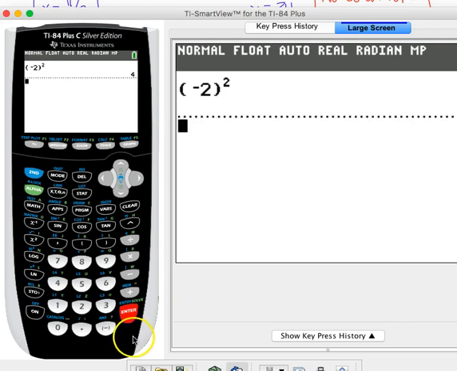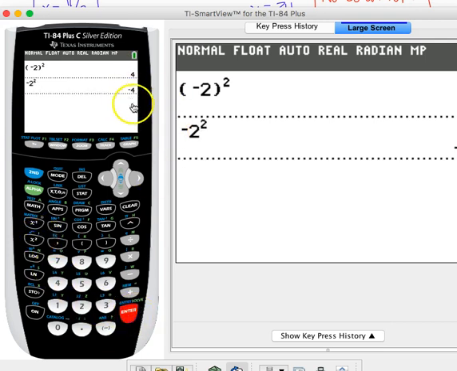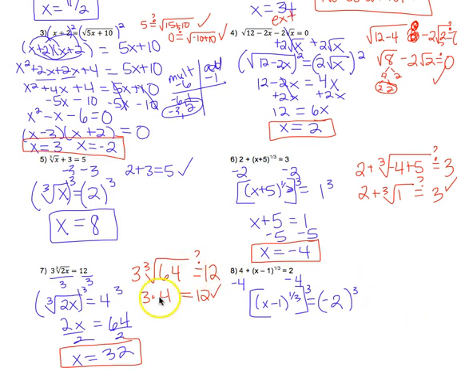If I do it in parentheses, I get 4. If I do -2 and then just hit squared and hit enter, it tells me -4. Because order of operations here is doing the exponent first and then multiplying by the -1. So when you have negatives and exponents, the good rule of thumb is to always use parentheses. On odd exponents, it does end up being the same, but on evens, it does not.